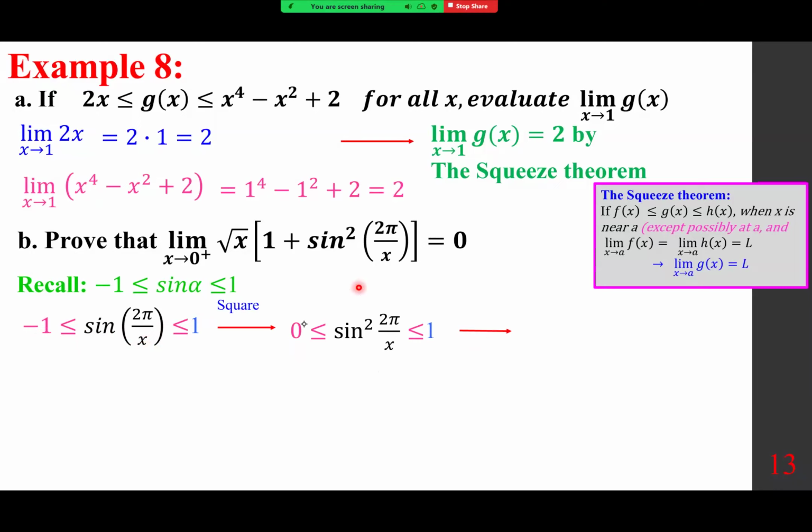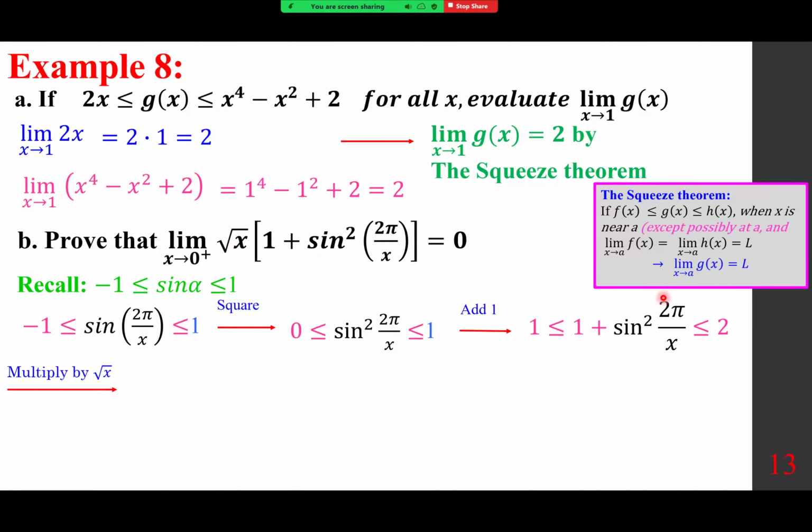We want to make it look like this. So what do we need to do? We have this one. Let's add 1 to all sides. So we have the brackets, everybody. We want it to look like this, but square root of x is missing. Let's multiply by square root of x.